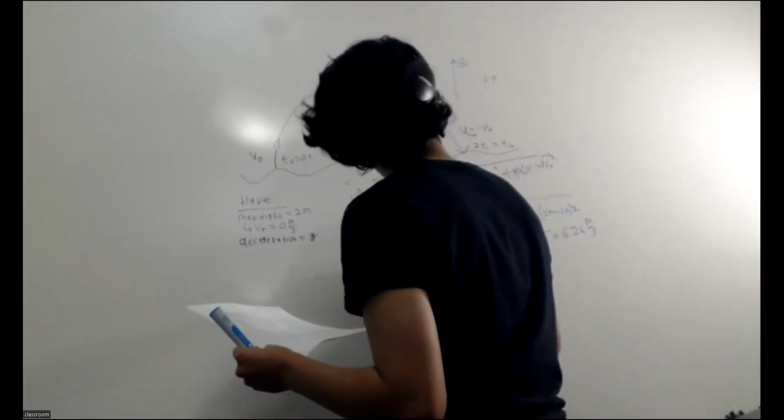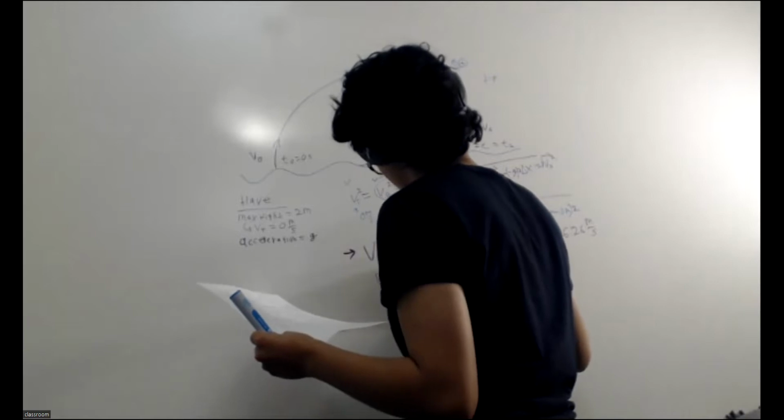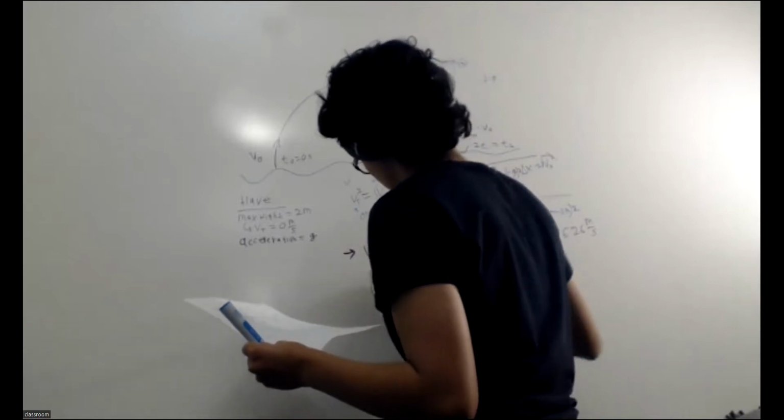So V naught is equal to 6.26 meters per second.